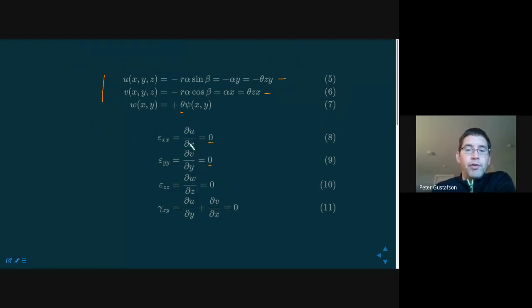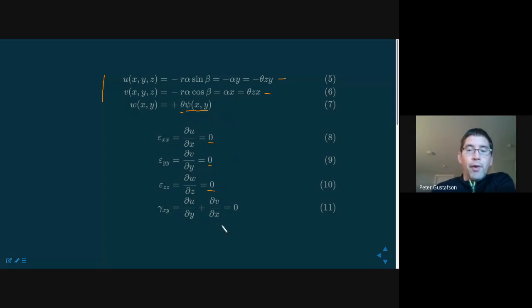Rate of twist, which we've, by our assumptions here, defined as being a constant along the length. It's at least constant along a differential length, times now our warping function, phi. The warping function, by definition, is only a function of x and y. So z does not live in these equations here, and ultimately dw dz becomes 0.